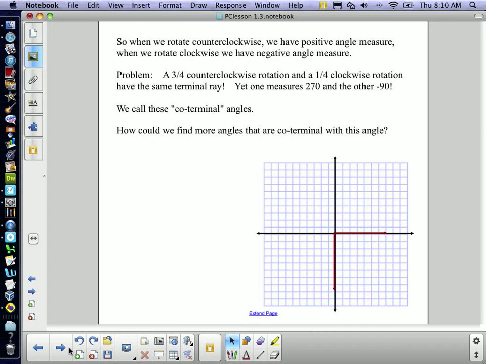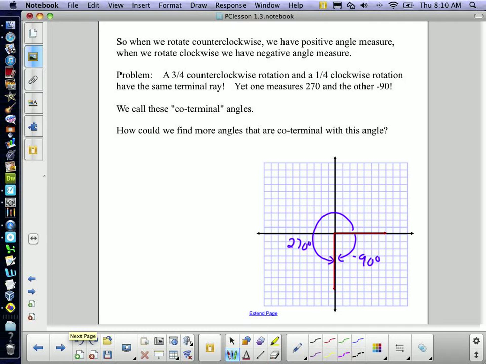Like I said, counterclockwise is a positive angle, clockwise is a negative angle, but we do have a little bit of a tricky situation here. If I rotate 1/4 clockwise, like you see indicated here, that's negative 90 degrees. But if I rotate 3/4 counterclockwise, I have 270 degrees.